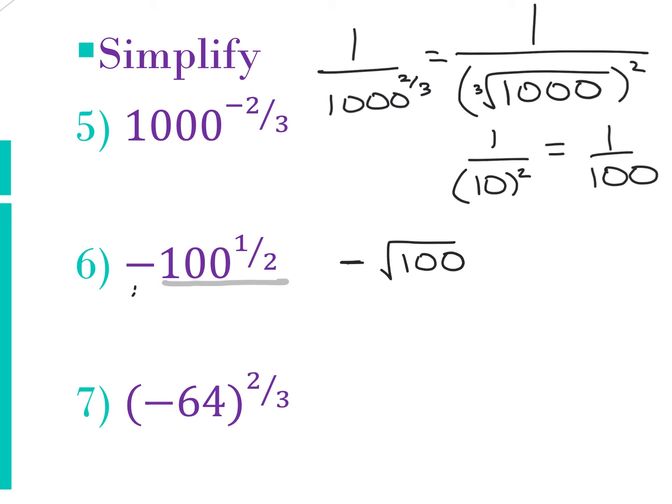So it's like this negative sign drops down, and then I deal with the 100 to the 1/2 power. And again, 1/2 as an exponent really just means find the square root. So the square root of 100 is 10, and then put the negative sign in front.